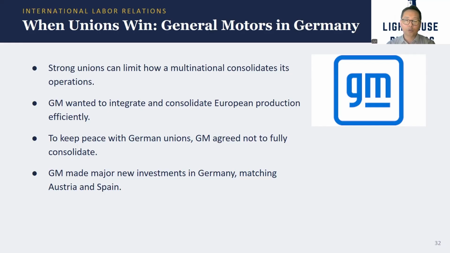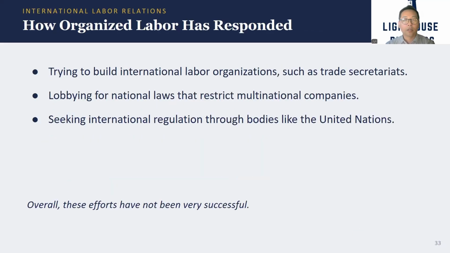This example shows that organized labor, when strong enough, can constrain a multinational company's ability to pursue the most efficient possible global strategy. Facing the growing bargaining power of multinational corporations, organized labor has tried three main strategies in response.